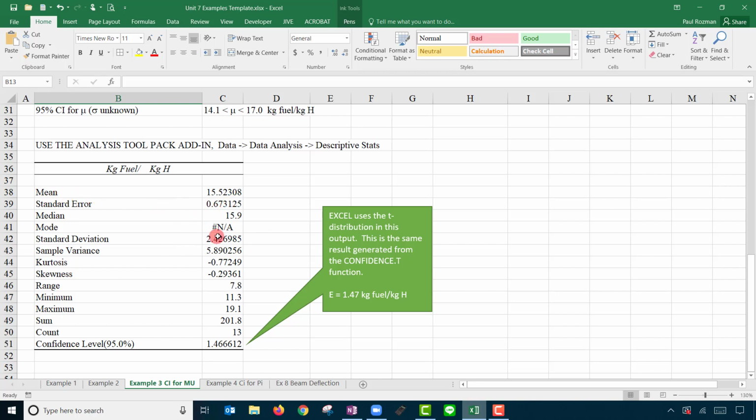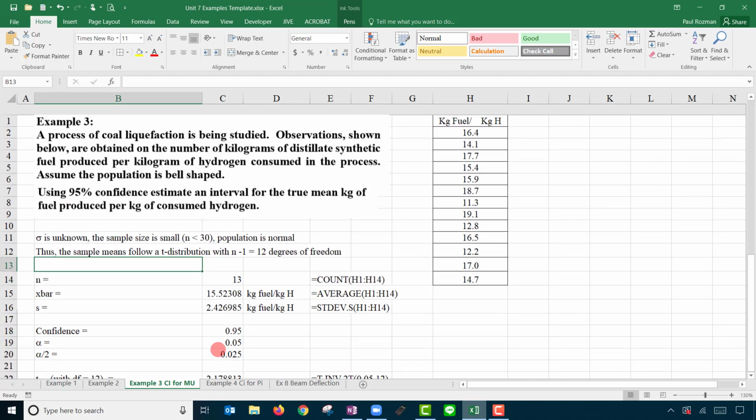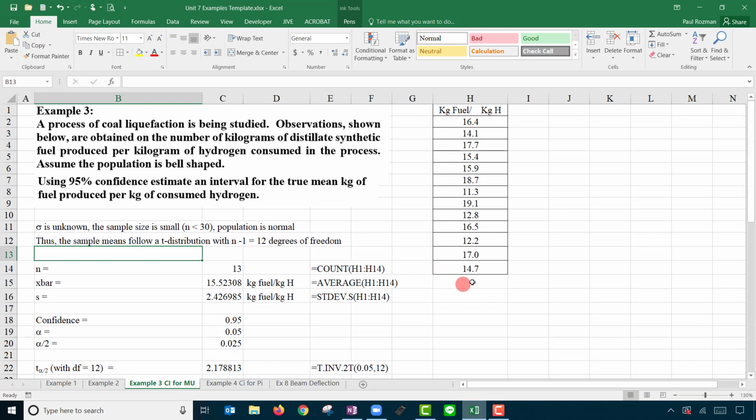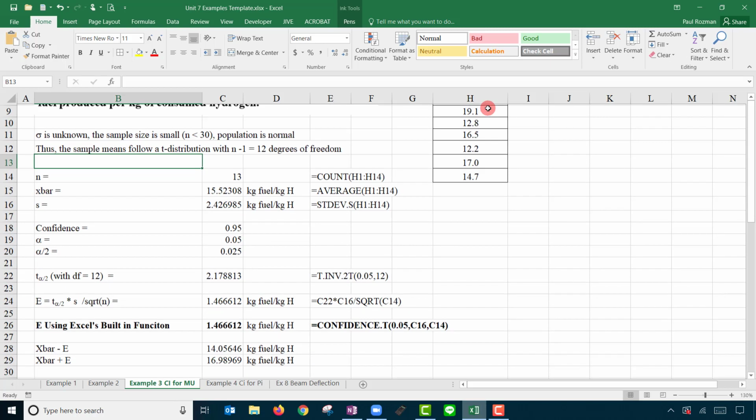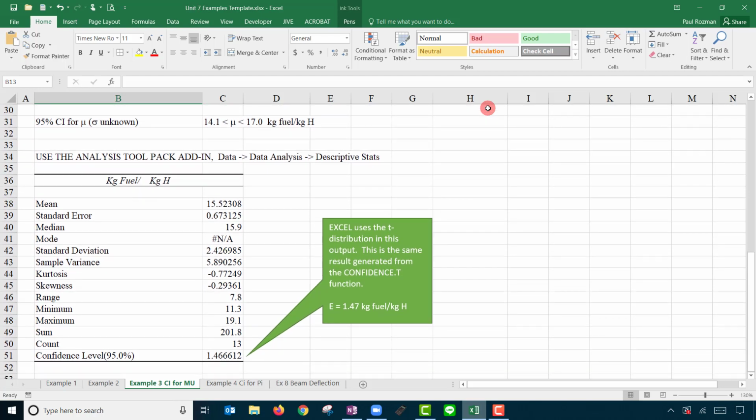It had mean, median, mode, standard deviation, variance, max, min, sum, etc. But if you look at the bottom of that output, it also gives the confidence. The label isn't great. It says confidence level 95%. It's giving you the error.